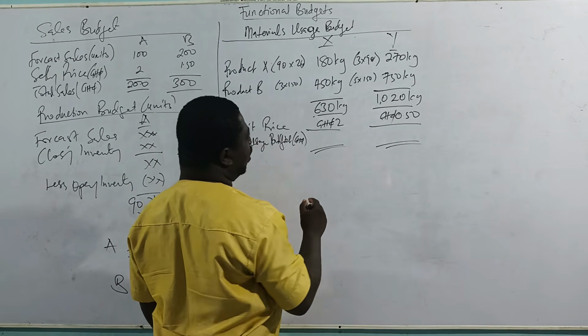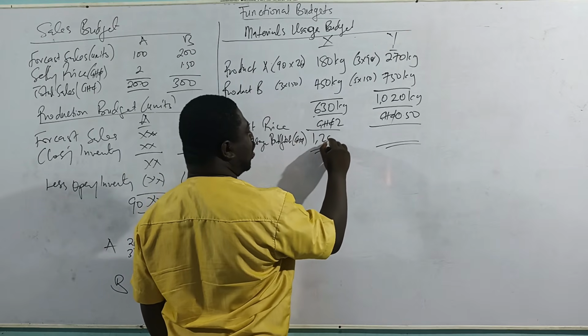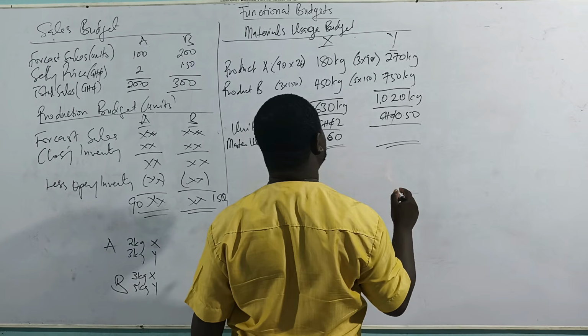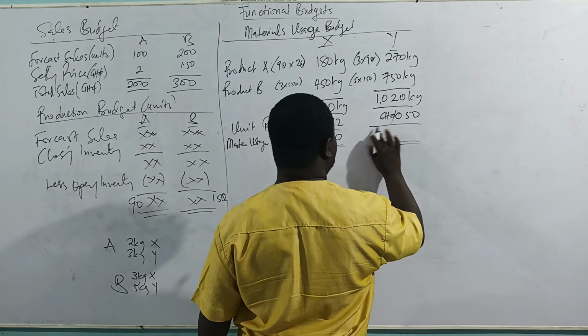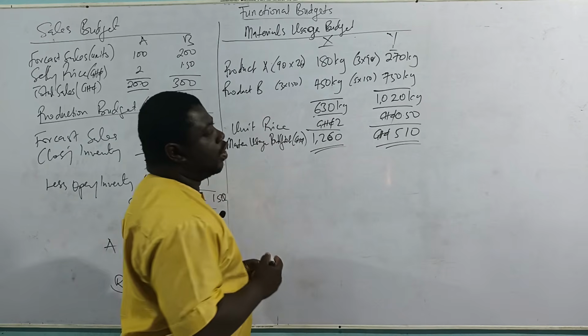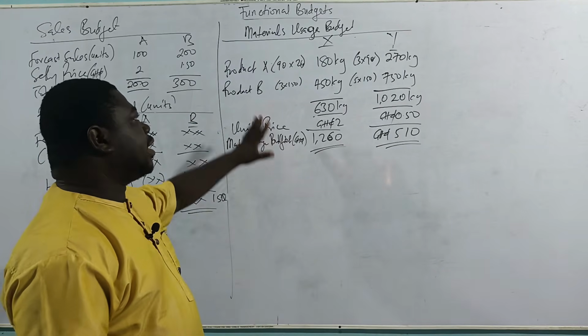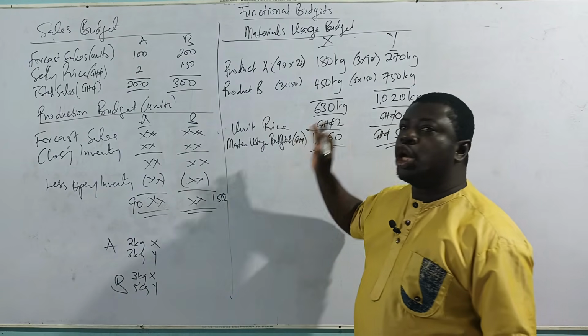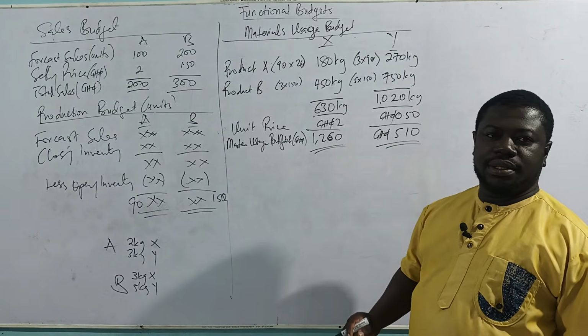So this by 2 gives us 1,260 Ghana cedis, and then this gives us 510 Ghana cedis. So ladies and gentlemen, this is what we call the materials usage budget.